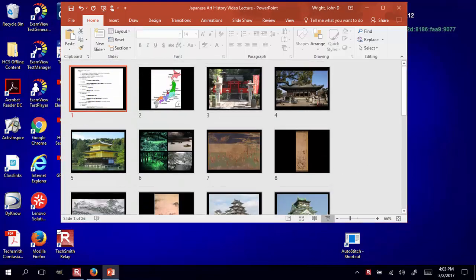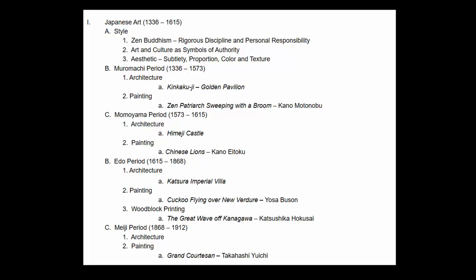Hello. In this lecture, we will discuss Japanese art and culture through four periods of cultural history between the middle of the 14th century until the beginning of the 20th century. First, we'll look at the Muromachi period, then the Momoyama, then the Edo, then the Meiji.